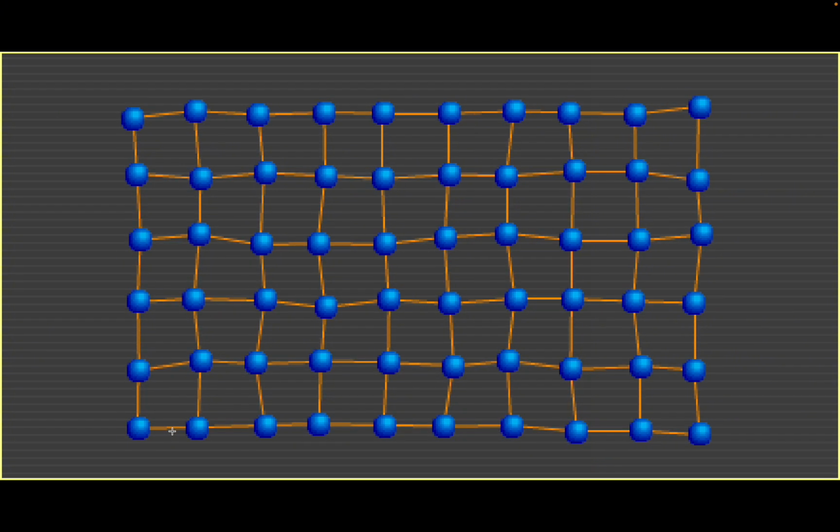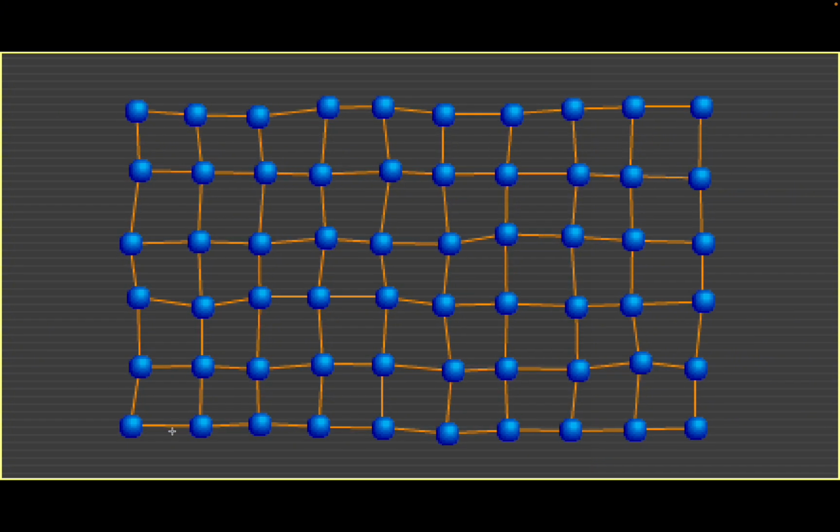We can then make the assumption that if every bond of every atom is stretched, macroscopically, we can make the conclusion that the whole metal is being stretched as well. So that's why it's called thermal expansion.